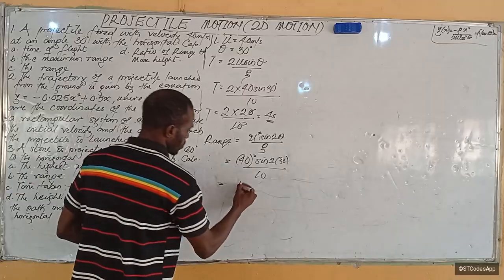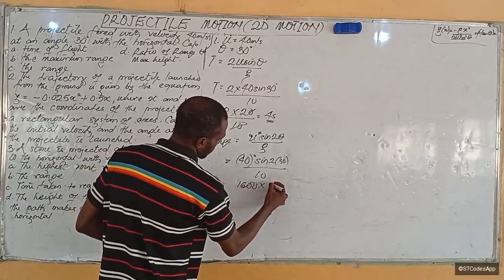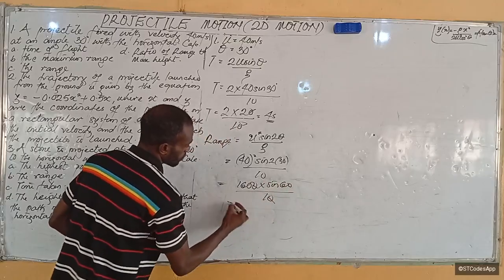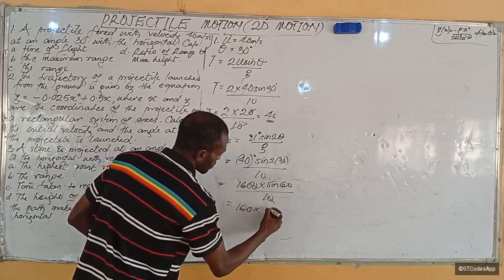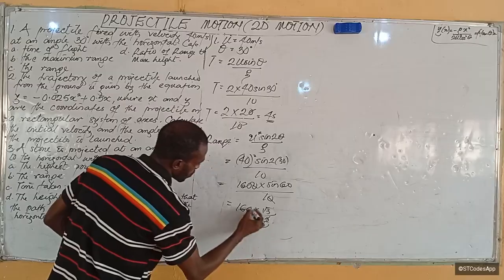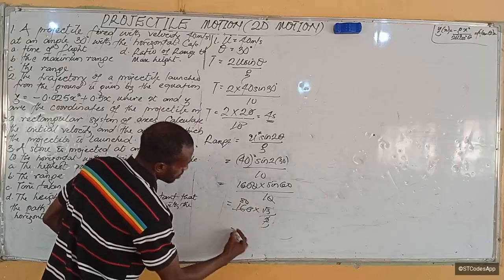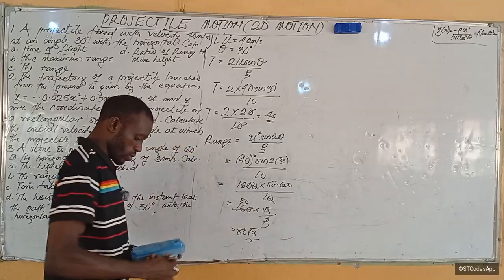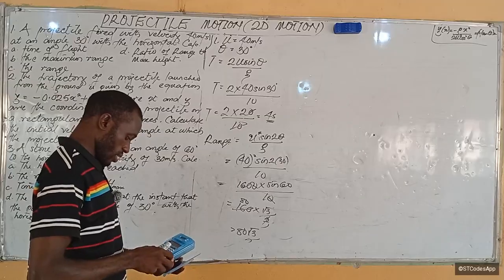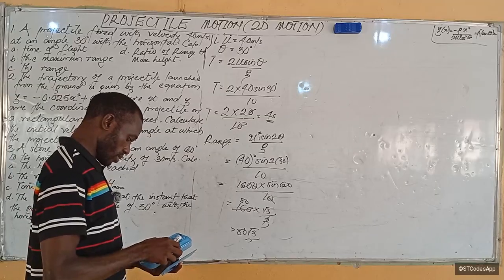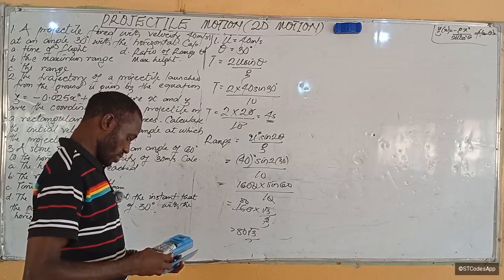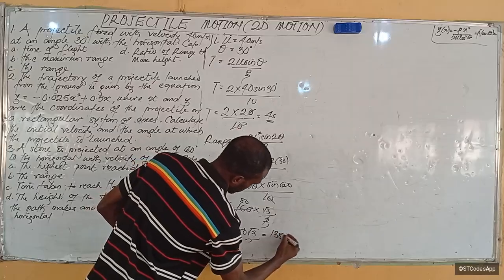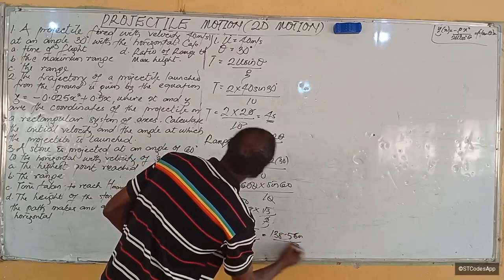So 40 squared is 1,600 times sine 60 over 10. That gives 160 times sine 60, which is root 3 over 2, so we have 80 root 3. 80 times root 3 is 138.56 meters. That is the range.